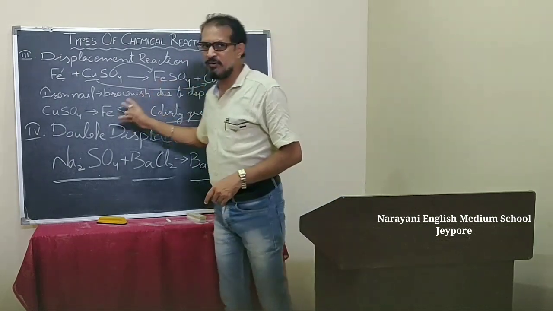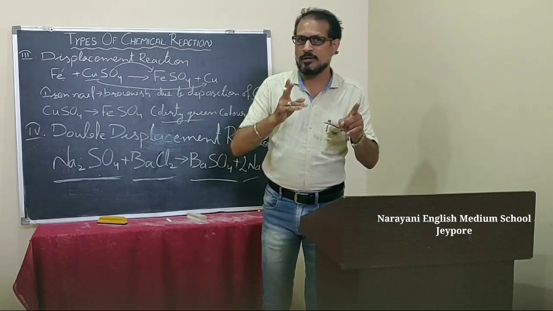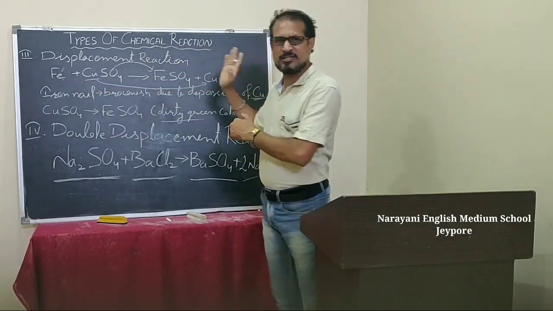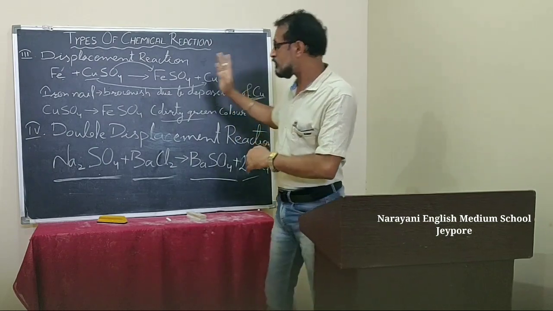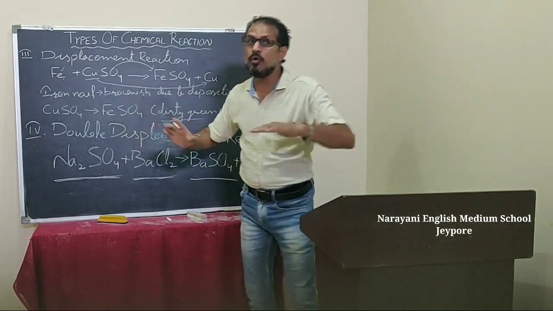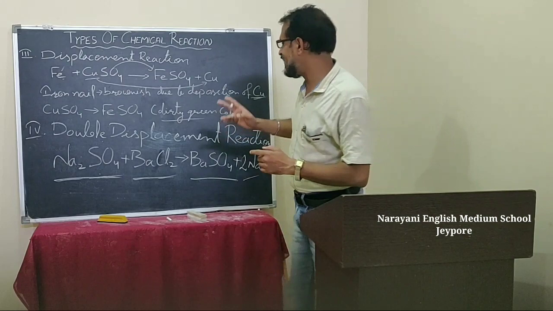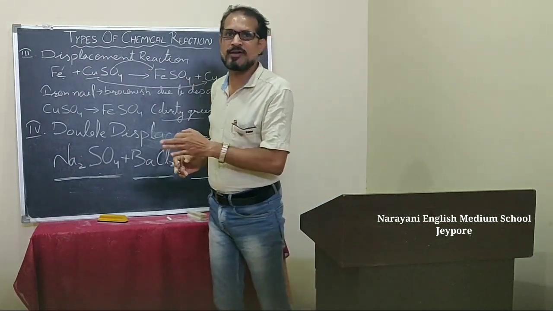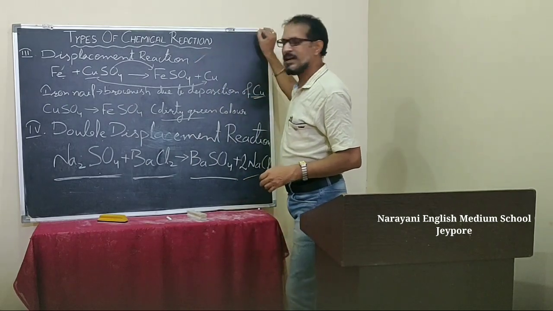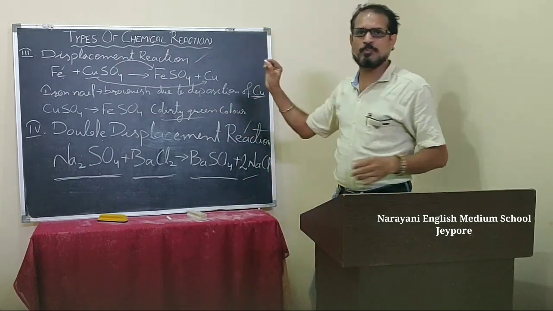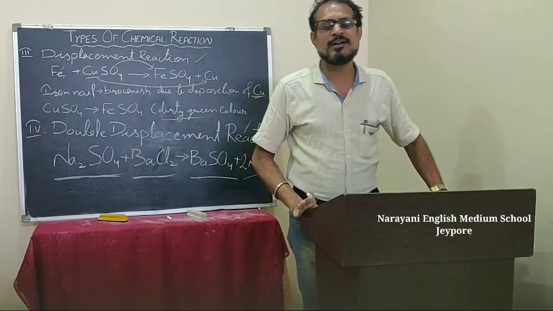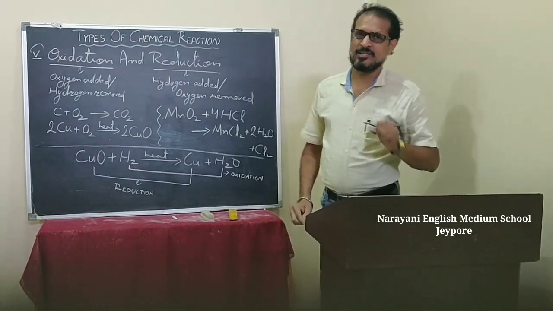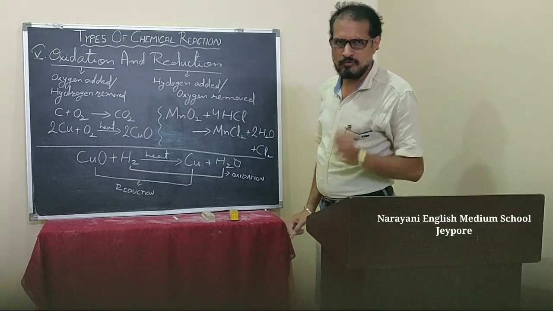In single displacement reaction, only a single atom is displaced. But here more than one atom will be displaced. Thus this is known as double displacement reaction. We have gone through single displacement and double displacement reaction. This is displacement reaction.